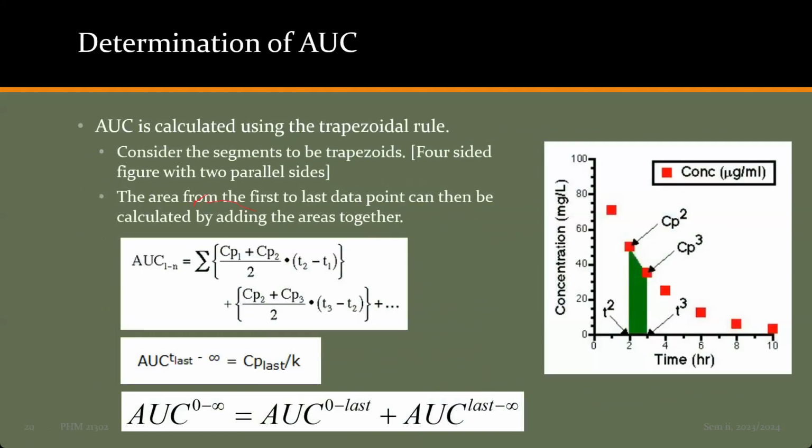So, why do I have to use the trapezoidal rule? Imagine with me, this is your curve. This is a common mistake I see with the students. They will just determine the first concentration, and then, for example, a concentration here, and then they consider it to be like this.